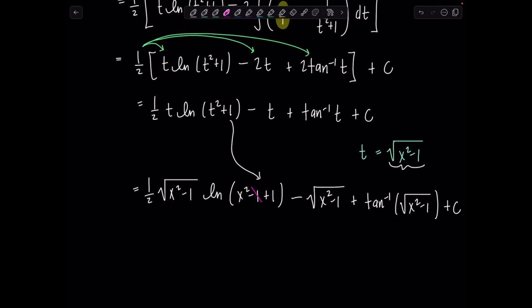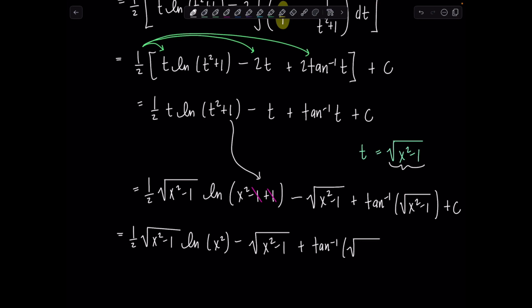These can cancel. Okay, and then we have 1/2 the square root of x squared minus 1 natural log of x squared minus the square root of x squared minus 1 plus tan inverse of the square root of x squared minus 1 plus c.